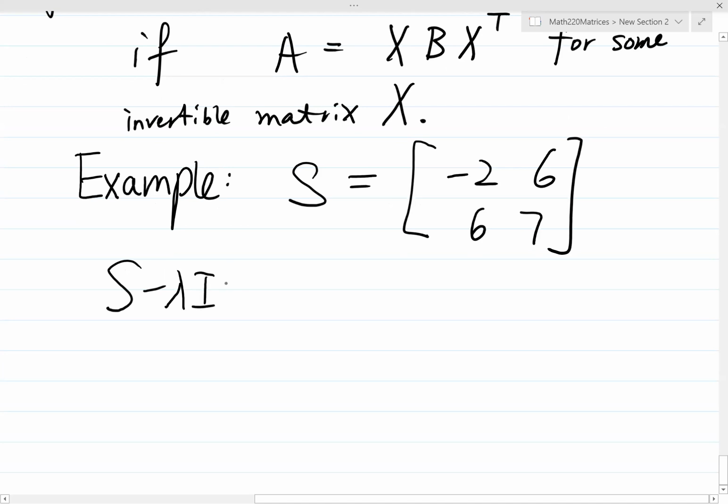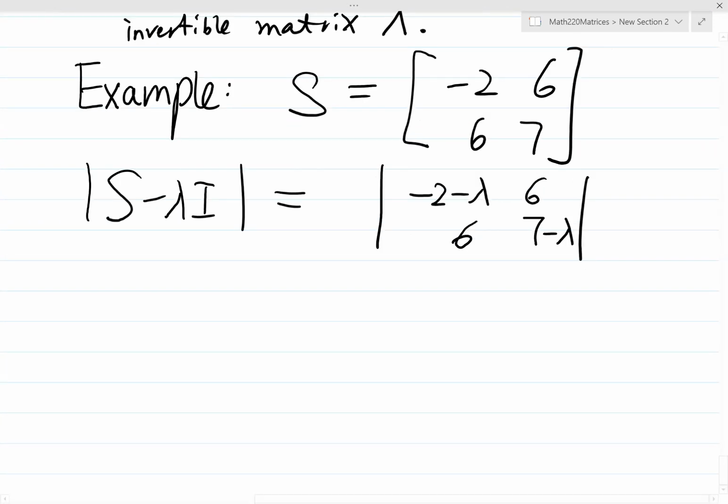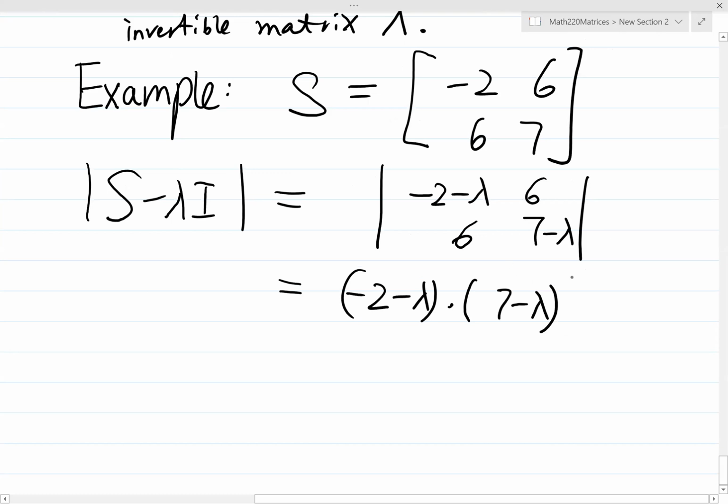So take the determinant of S minus lambda I. This will be -2 minus lambda and 7 minus lambda on the diagonal. A 2 by 2 determinant is easy: it's -2 minus lambda times 7 minus lambda, subtract 6 times 6.